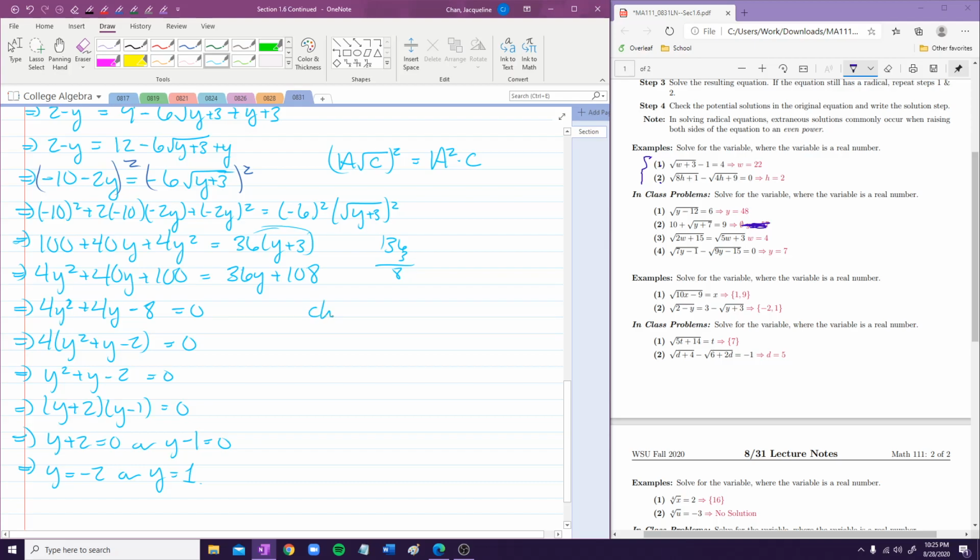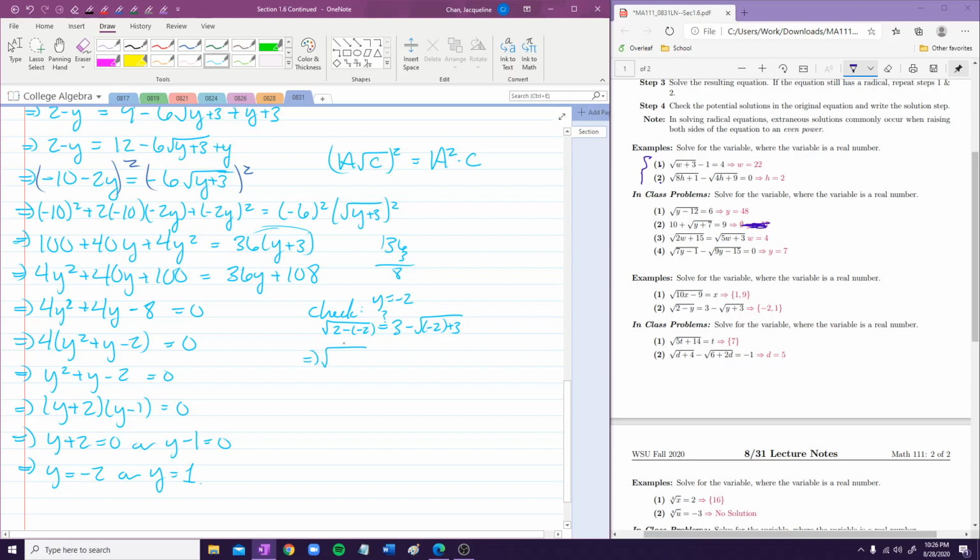Alright, now we must check our solutions. So what was our original equation? This is going to be the square root of 2 minus negative 2. Is this equal to 3 minus the square root of negative 2 plus 3? This is when y is equal to negative 2.